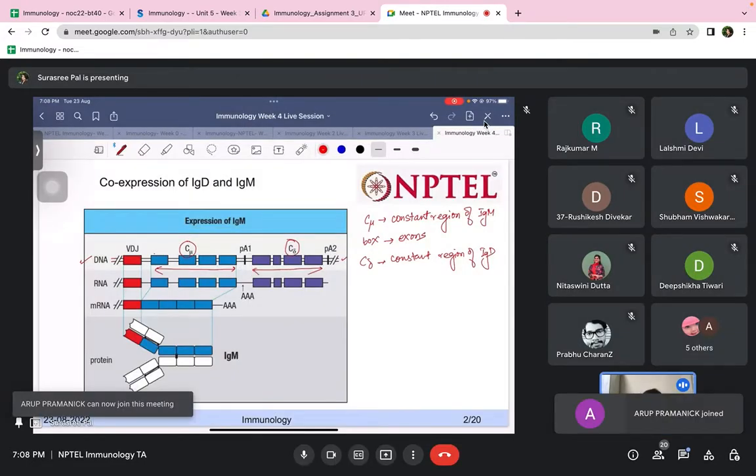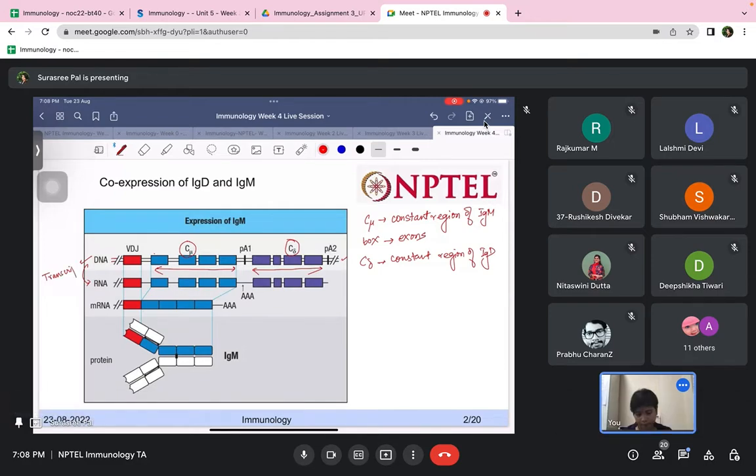When this DNA is transcribed, the primary transcript is produced, not the mature mRNA, and you can see that all these C mu and C delta exons are transcribed into the primary mRNA.